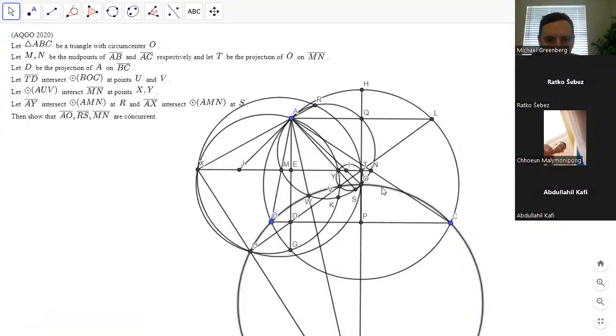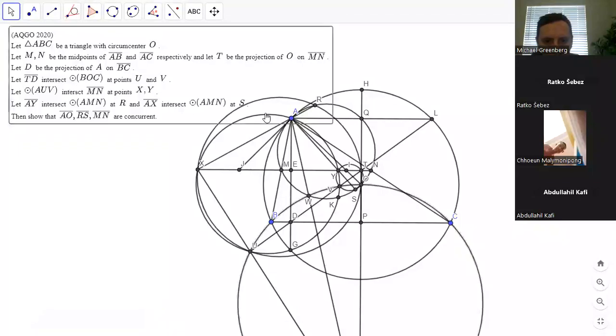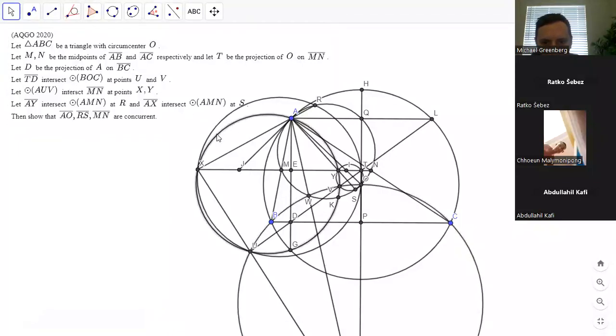And we know that this is cyclic, right? So by Miquel's, oh, it's just Miquel's theorem, I think, that proves that this is cyclic. Because we know UVOC is cyclic by definition.